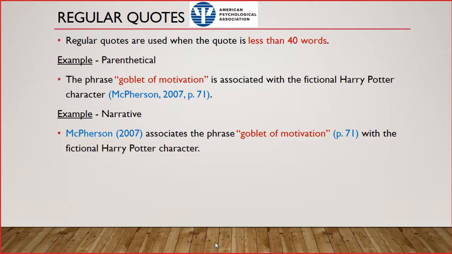This is an example of parenthetical and narrative for what we call regular quotes, which is a quote that is less than 40 words. Here we have 3 words. Any questions on this? Is it clear?